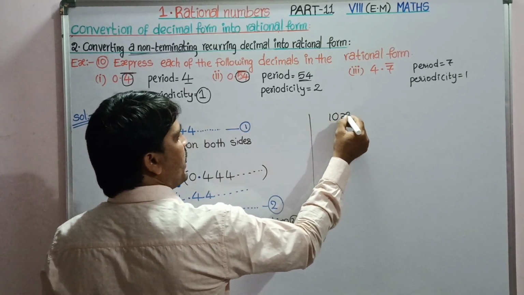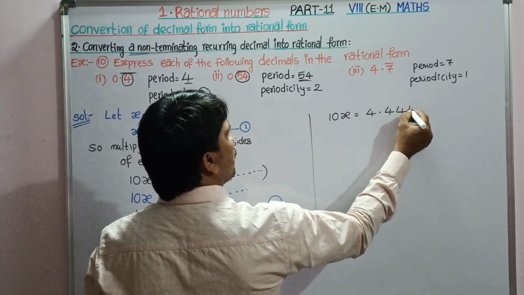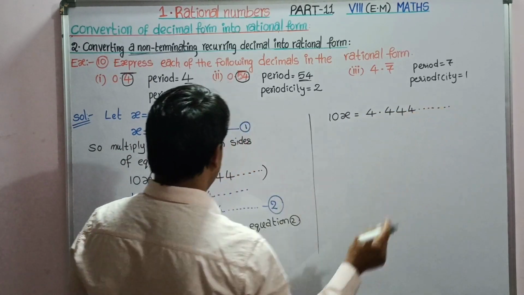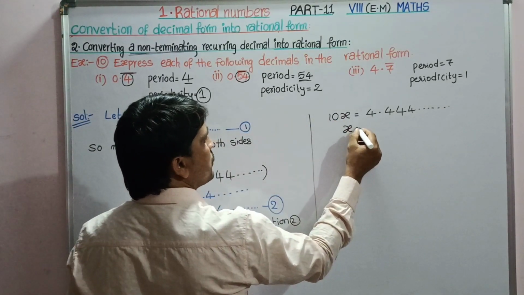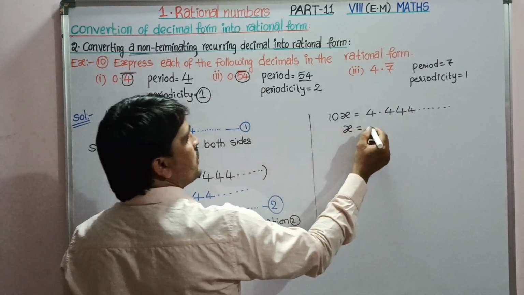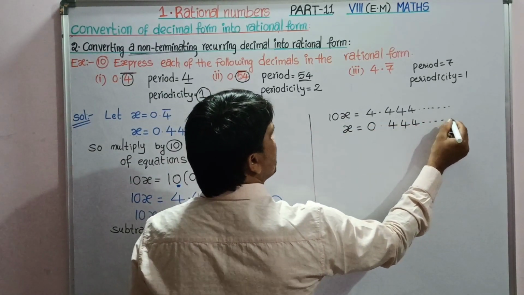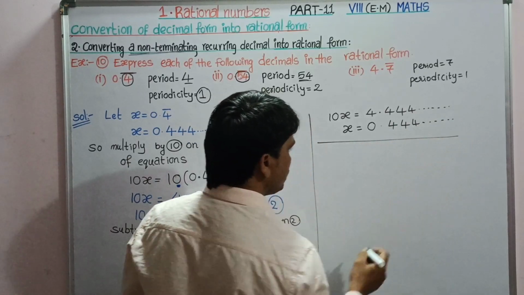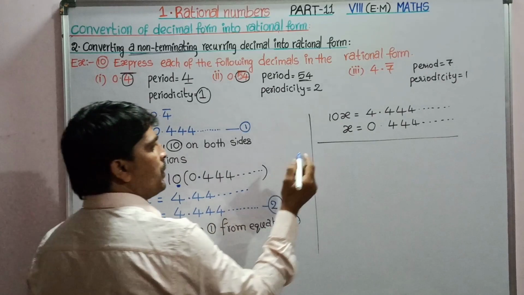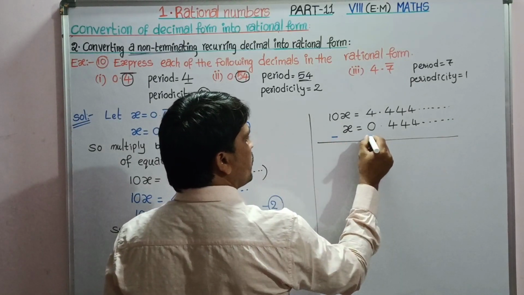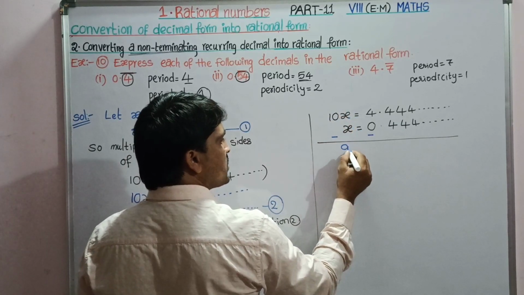Equation 2 is 10x equals 4.444 and so on. Below equation 2, write equation 1: x equals 0.444 and so on. So we are subtracting equation 1 from equation 2. Let us give a negative symbol. Yes, 10x minus x, that is 9x.